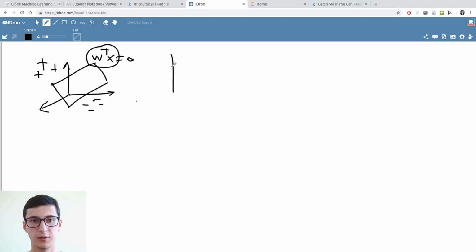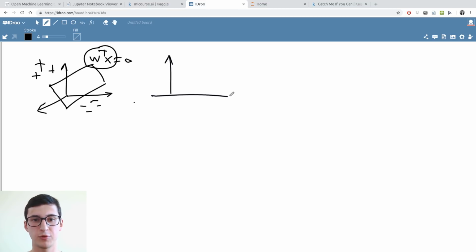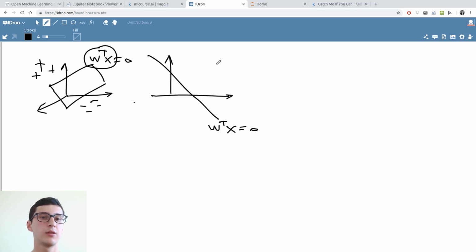So, and again, it's even simpler to draw it in 2D. So we've got a line. The equation here is W transposed x equals 0. And in one semi-space, in one part of the space, this expression W transposed x is greater than 0. And in another part, it's going to be negative.